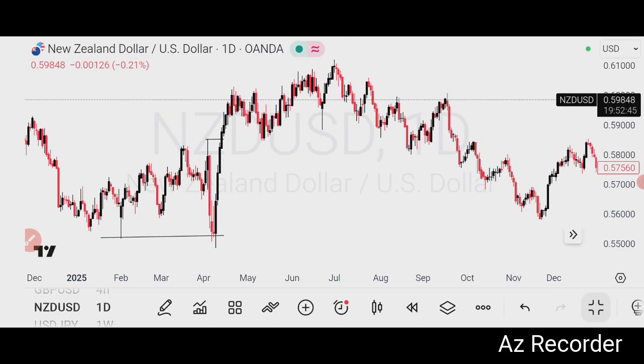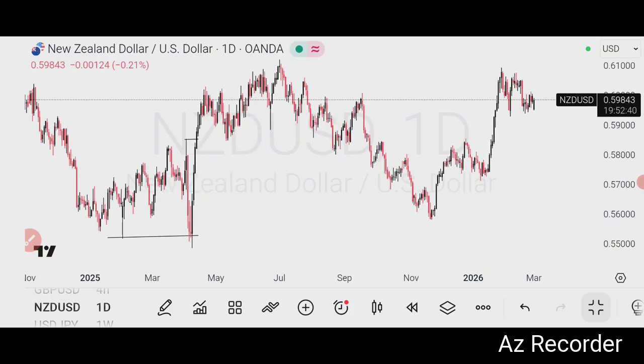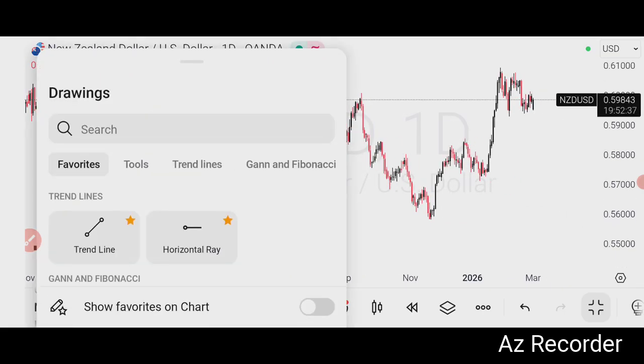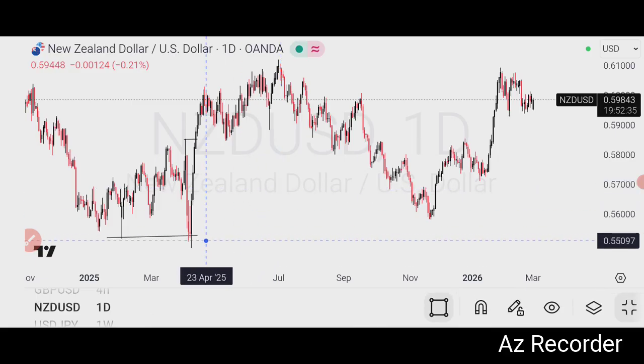So let's continue. When the market broke structure to the upside, immediately this happened. You already know that your point of interest is this order block here.